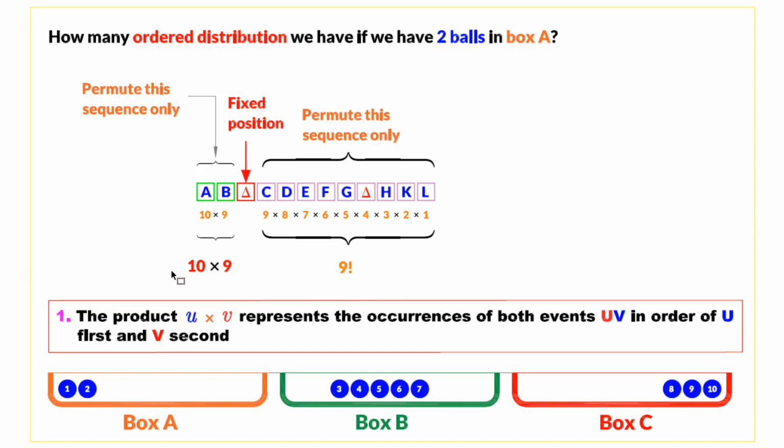So in order to know the number of elements which can be formed from these 2 sets together, where the first elements belong to U and the second elements belong to V, we have to multiply them in the order of UV, and we get 32,659,200 possible distribution for the case of 2 balls in box A.